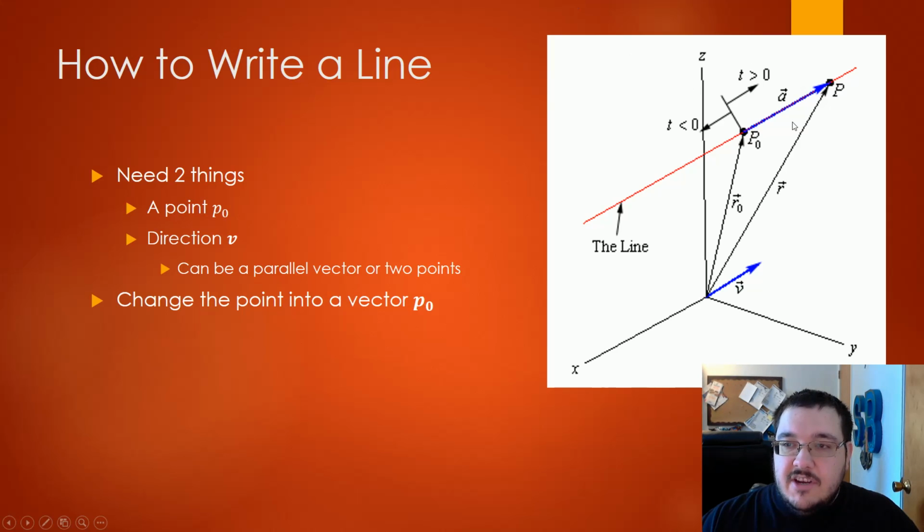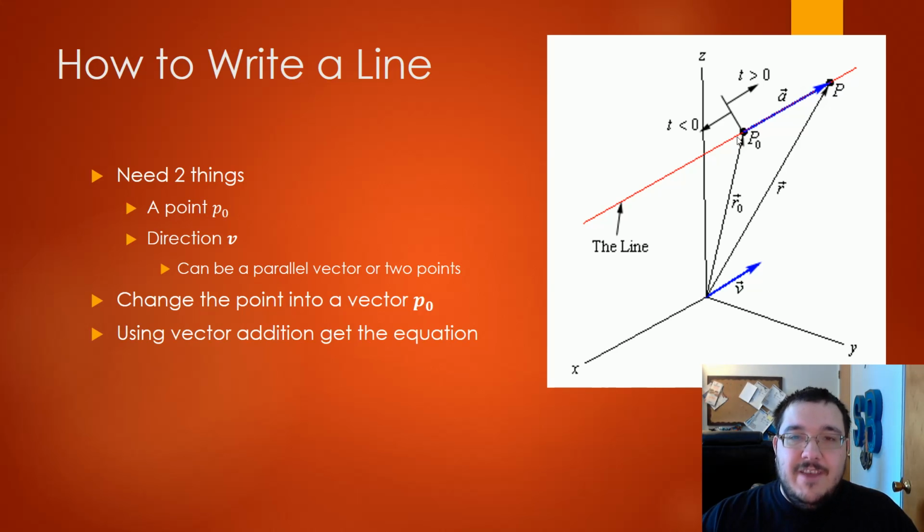We need to change our point into a vector. And all you have to do is change the types of brackets and that's done. So you don't really have to worry about that point too much. From there, we use vector addition, which is something we talked about last video. So if you look at this diagram, to get to any point on the line, we'd be taking our vector P0 and adding some multiple of this parallel vector.